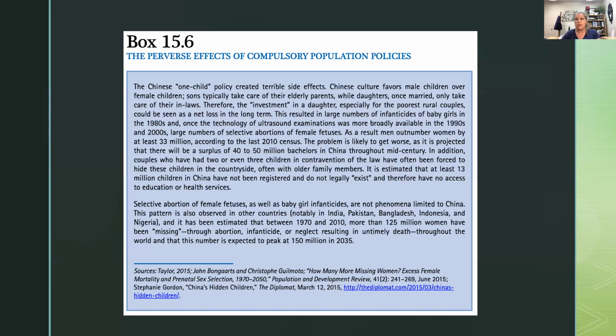They wanted that one child to be male. And so it really increased the number of female children who were aborted prior to birth and or killed immediately after birth, a large number of selective abortions on female fetuses.